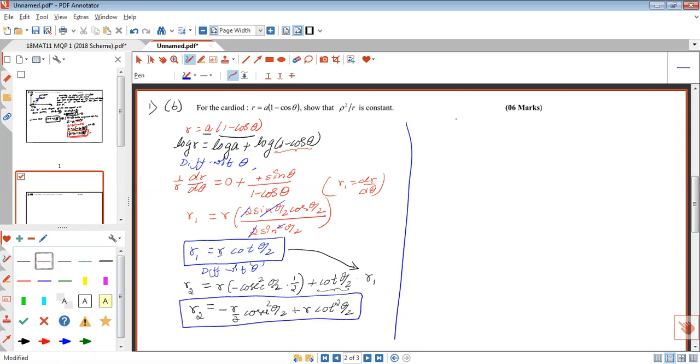Now the formula to find the radius of curvature.